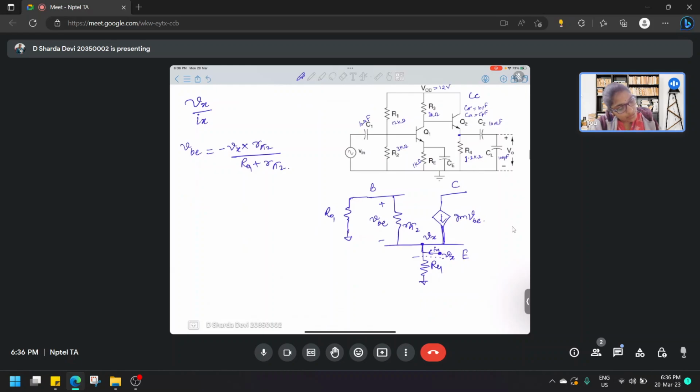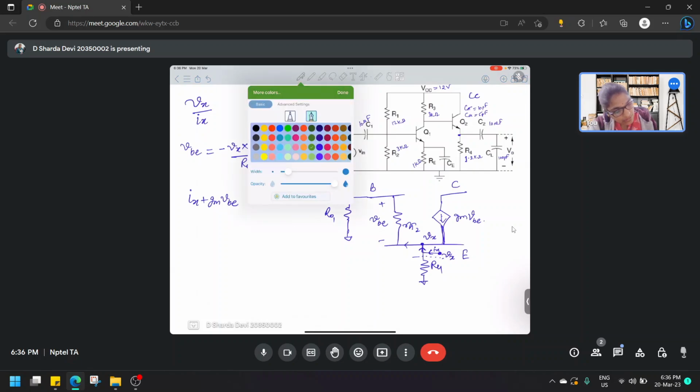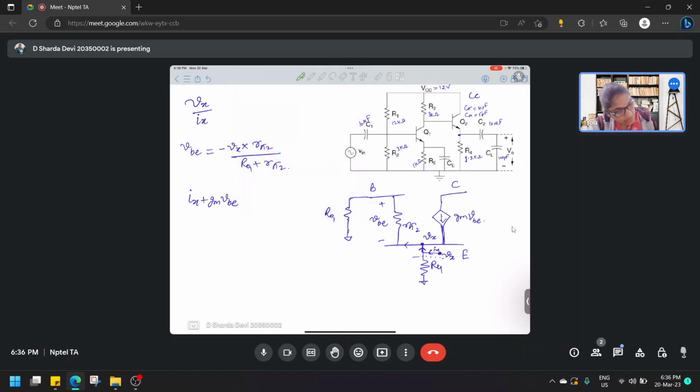Now if we look into it very carefully, here we have Ix coming into picture, and from here we have GM coming into picture. So this Ix plus GM VB is going into this particular path, right?